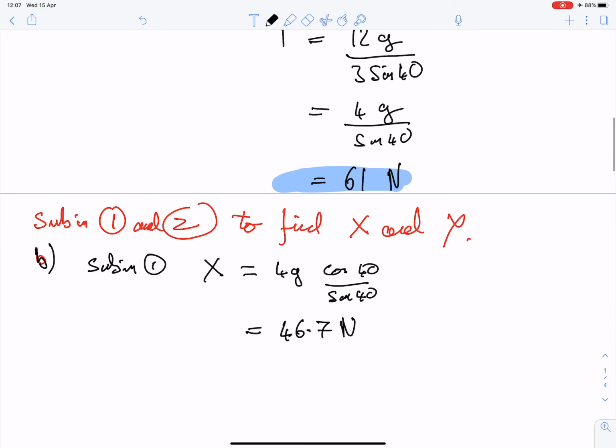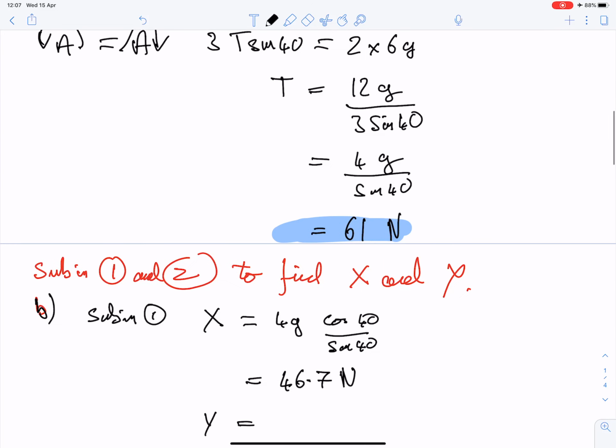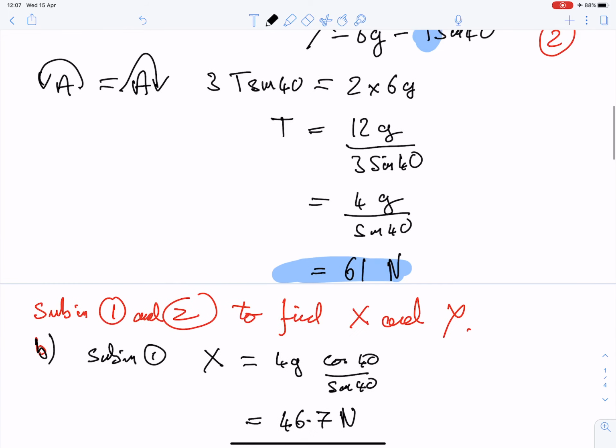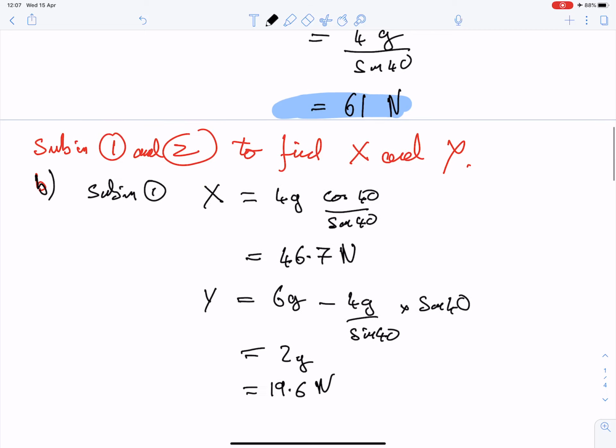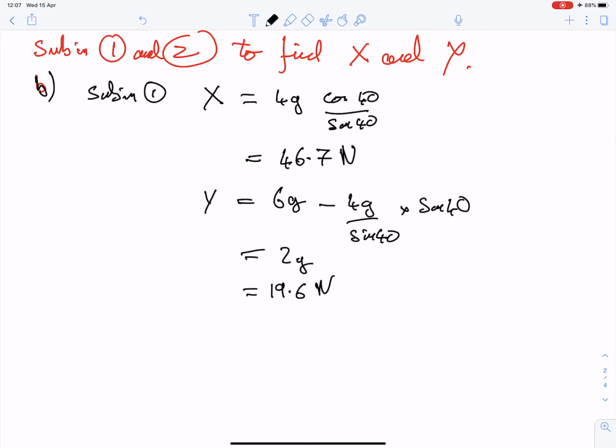So into part B, and we're going to sub in 1. And X, tap it in the calculator, and we get roughly T is roughly 4G. Yeah, because cos 40 over sine 40 times 4G.